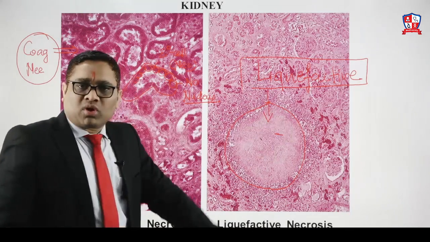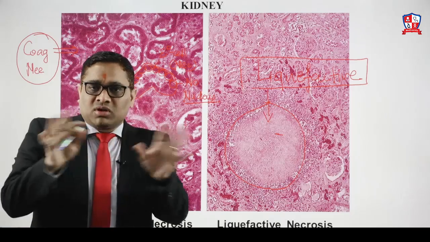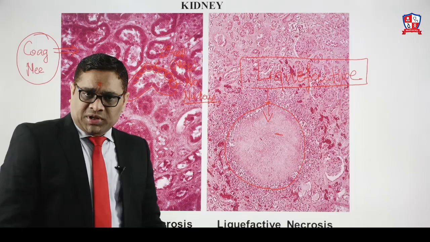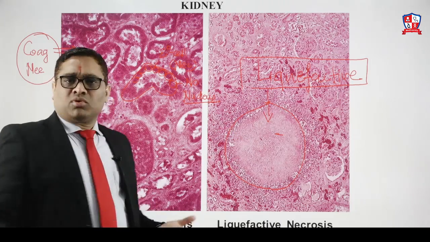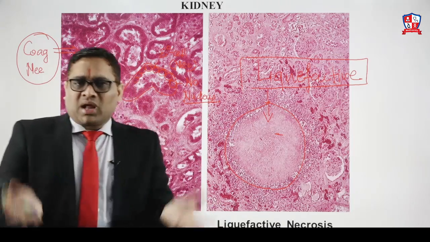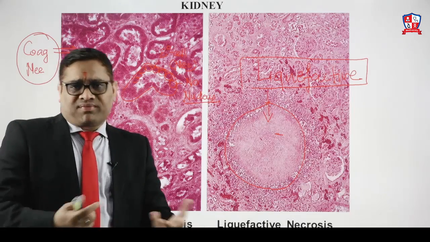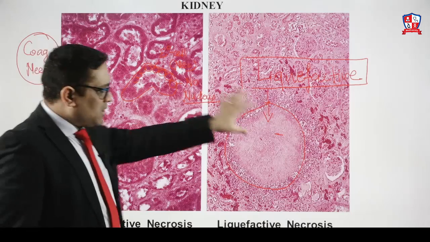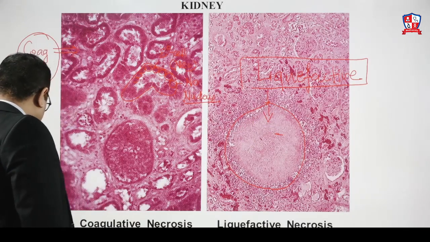It's a purely eosinophilic area. No cellular architecture is preserved. This is another specimen of the kidney, but you cannot see any tubule because the cell outline has been lost. So in coagulative necrosis, tissue architecture is preserved; in liquefactive, tissue architecture is lost.